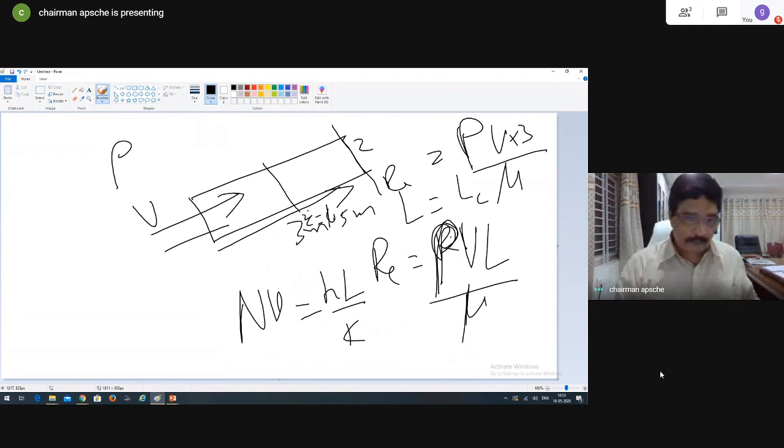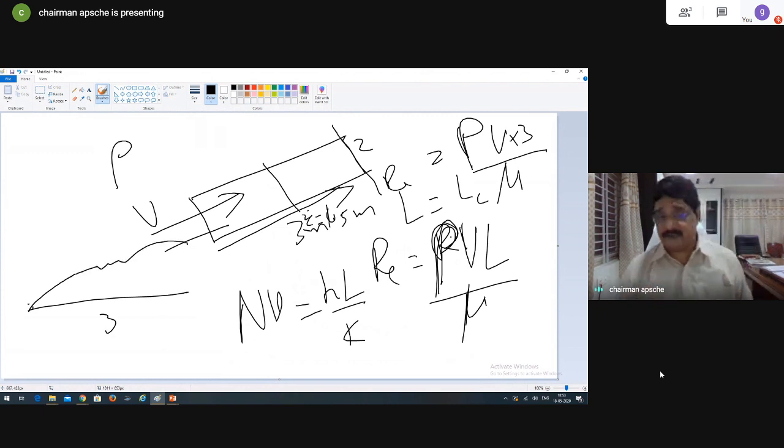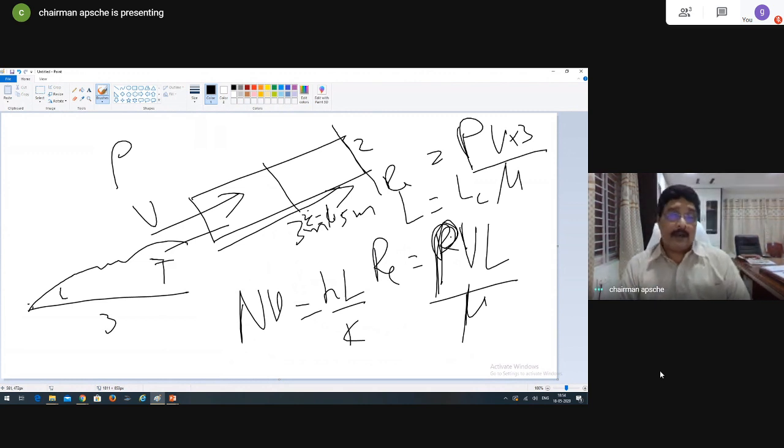Now, when I take a two-dimensional view of it, you have a 3-meter plate. When the boundary layer is drawn on it, it will be laminar for some distance and turbulent for some. Initially it is laminar, then after that it is turbulent. You are curious when the flow changes from laminar to turbulent, or whether the flow over the entire plate is laminar or turbulent.